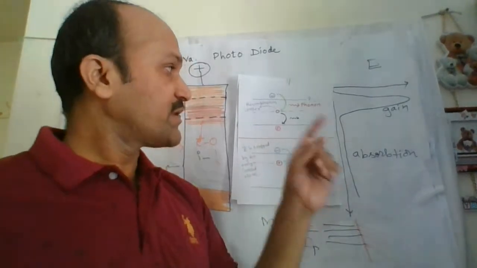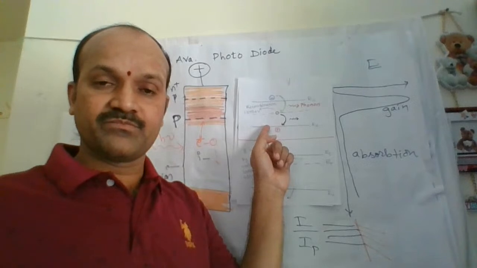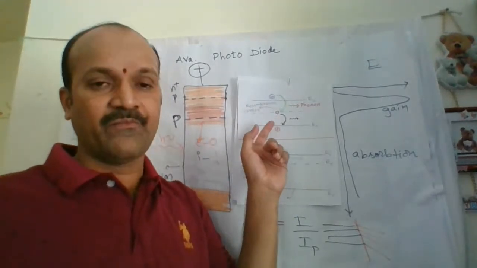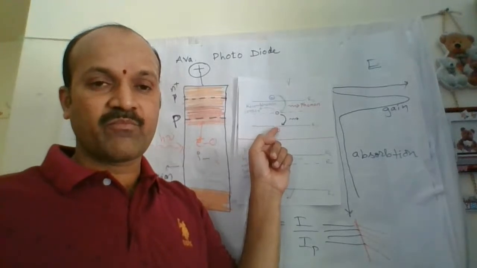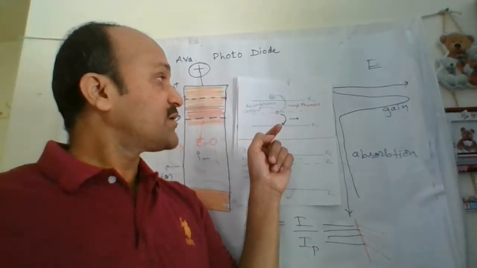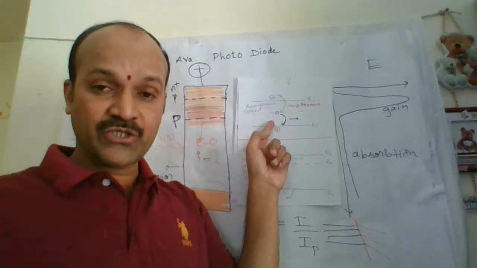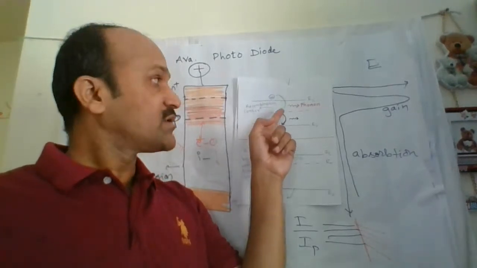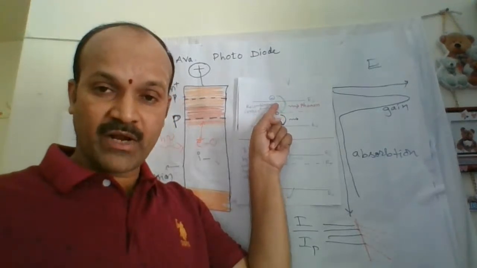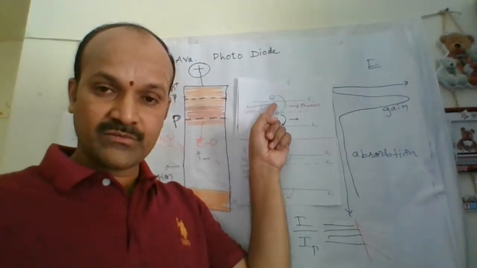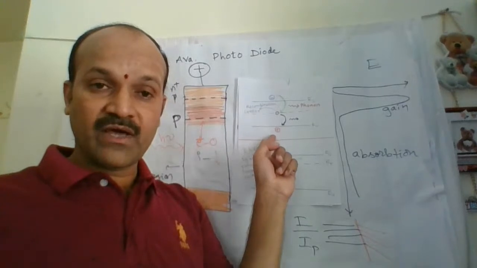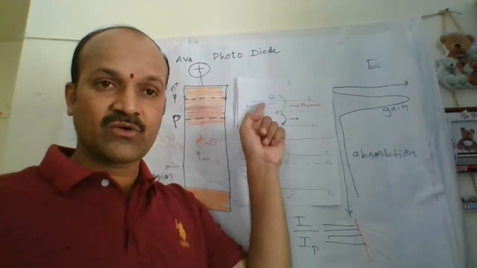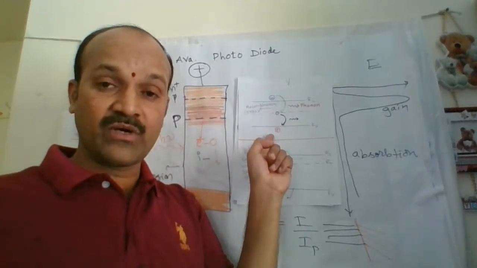Okay, so these are the transitions. One of the phenomena is recombination at recombination center. Right, here what is happening in conduction band? Electron directly will not go to the valency band and recombine with hole. The electron will not recombine with hole directly.